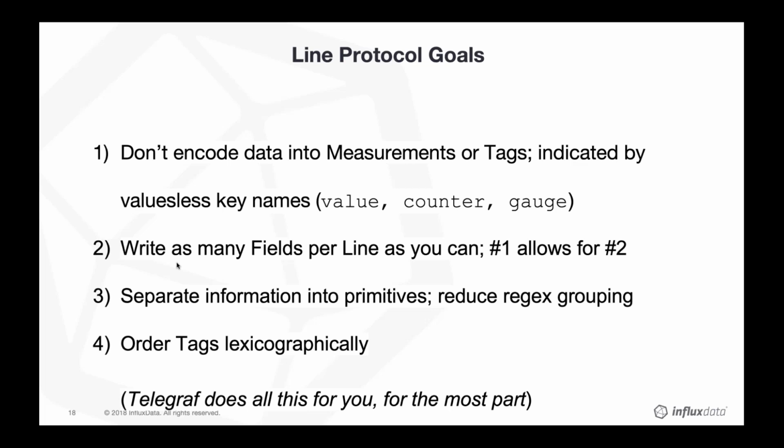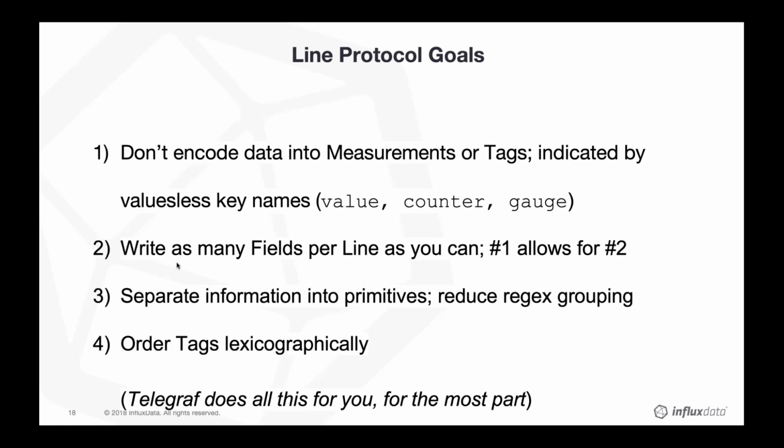Well, if you see field names like value or counter or gauge, which are all very common in the field today, you know that there's probably some kind of descriptor contained in the series key itself. Because if you have no information in the field key, it has to be contained somewhere else so you understand the context of the value you're writing.